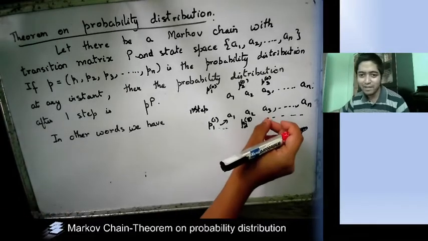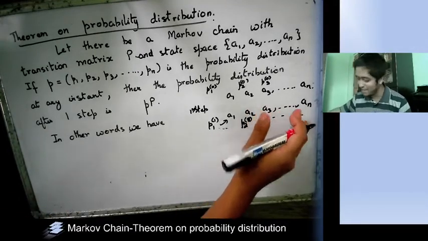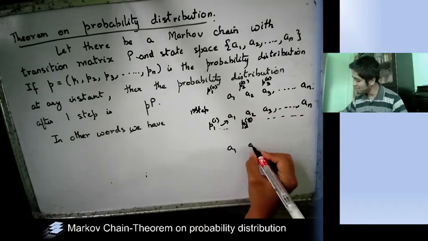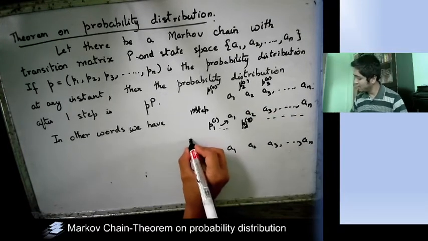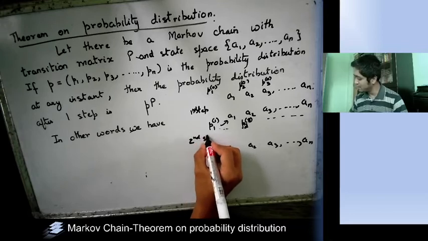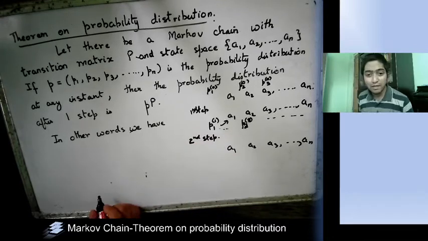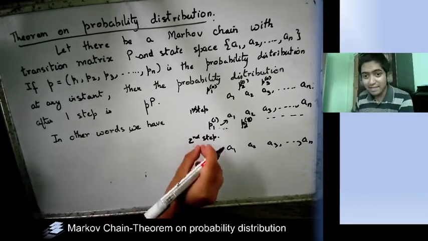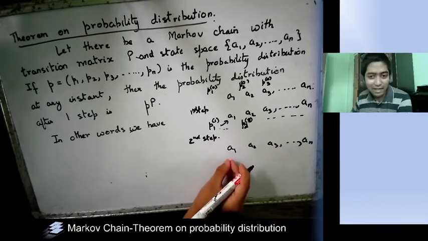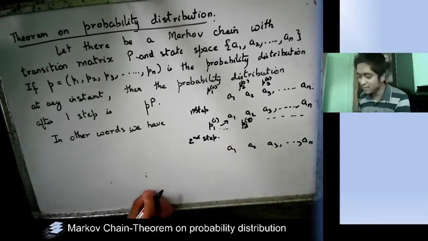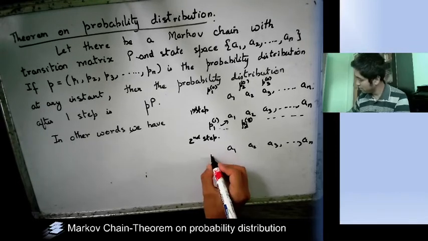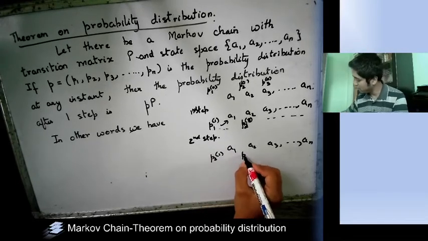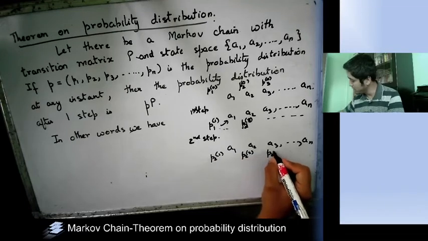But again, the system will not be in the same state. Again, it can change. It can be in any state again after another step, after the second step. After the second step, it can also be in A1, A2, A3. Similarly, there will be probabilities attached with these states now.